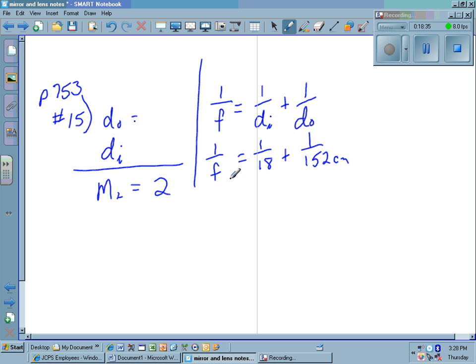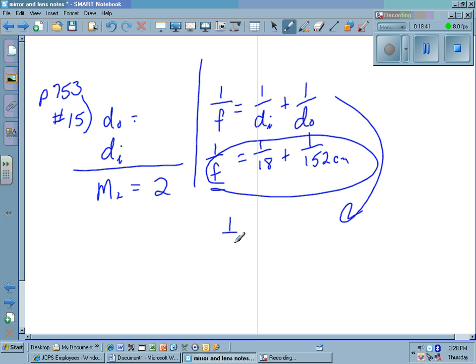Once you get that focal length, you're going to do the same formula over again. Take that answer for the focal length and put it in here, and then solve for one of the 2 unknowns.